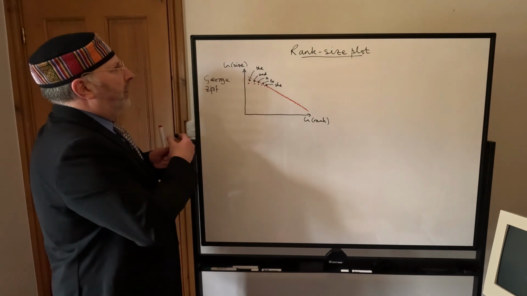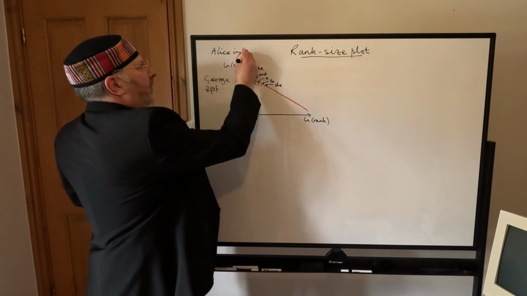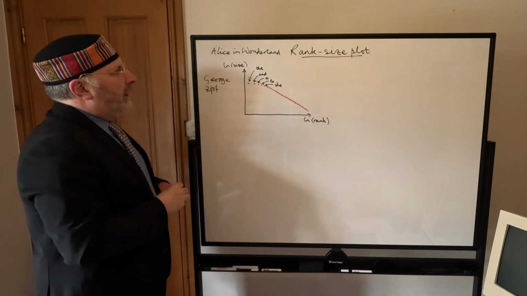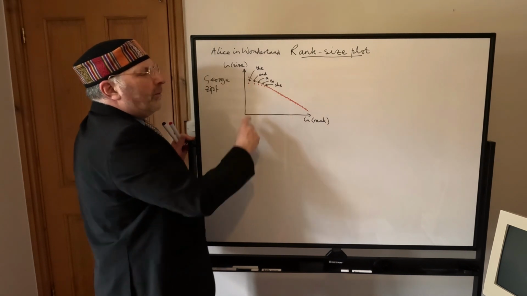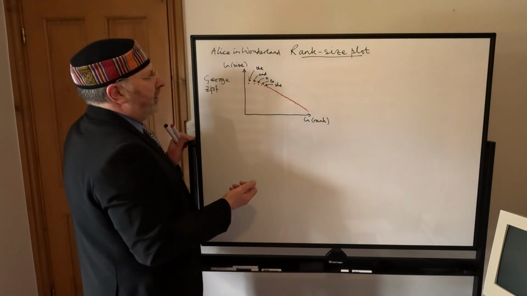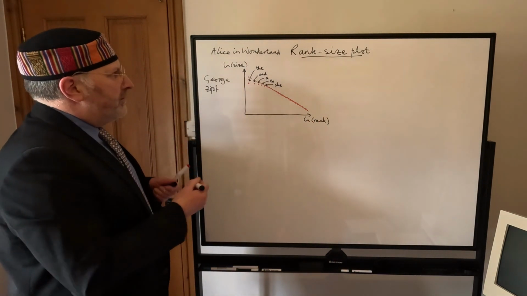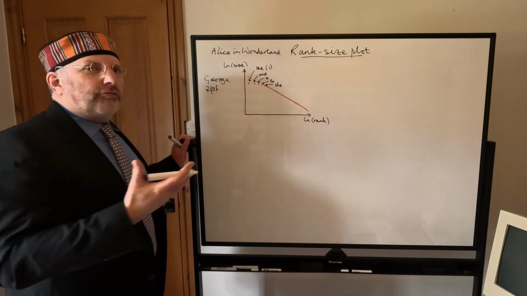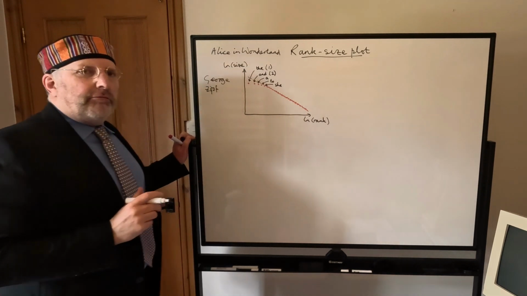This is an example of the frequency of words in Alice in Wonderland. And we're plotting the size, which means the number of occurrences of that word in the book, against its rank. Now, by the rank, we just mean that the commonest word, which is the, has rank 1. The second commonest word, which happens to be and, is rank 2.